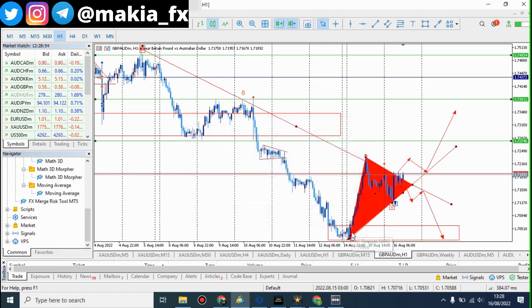Yeah, so this is a triangle right here, which is about to form, and that's how I draw triangles. As you can see at this point also, we have another triangle which formed, but this was a descending triangle, so it broke the previous support zone and it fell in this direction.